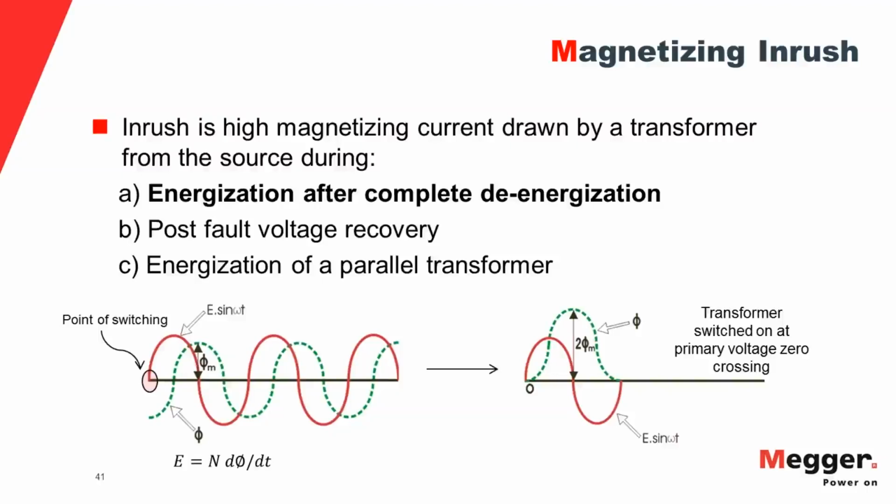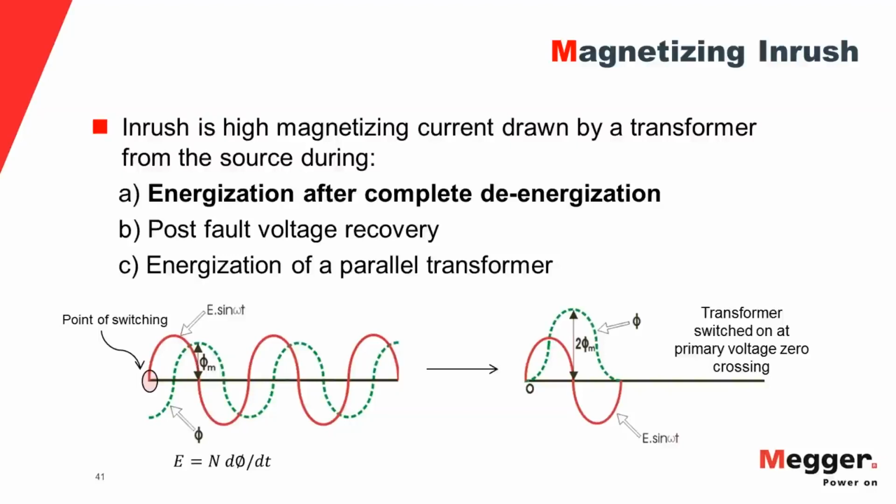Your fault happens, your voltage dips, and then when you energize, it could cause a heavy inrush. The third condition is when you energize a parallel transformer. Since two or more transformers are connected in parallel, the other transformers will see some current flowing into them, and the test transformer can have the inrush.